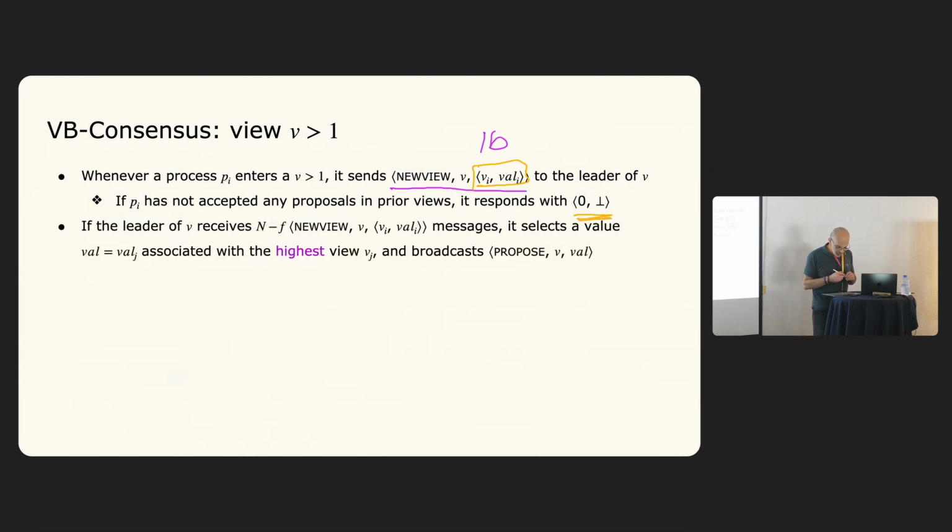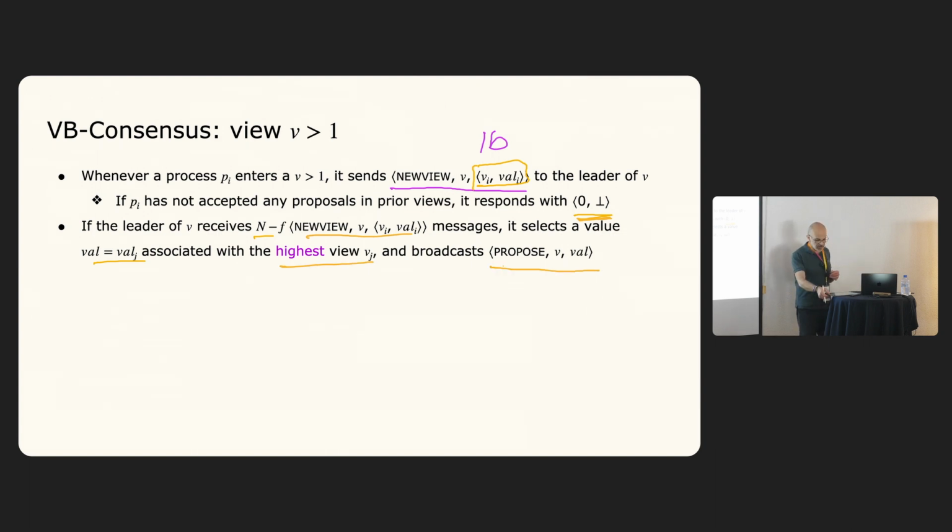Now again, the leader waits for n minus f new view messages. Once it gets these n minus f messages, and it's not notified of a new view, it selects the value associated with the highest view, and then broadcasts propose.